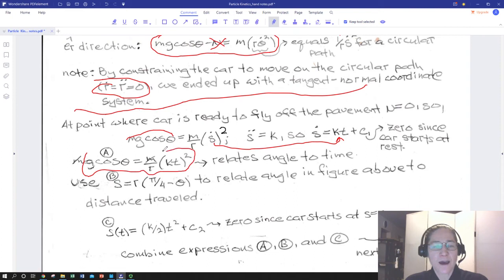So for any given acceleration and hill radius, this is labeled A, meaning equation A, I can relate the angle that it has traveled to the time from when we start accelerating.